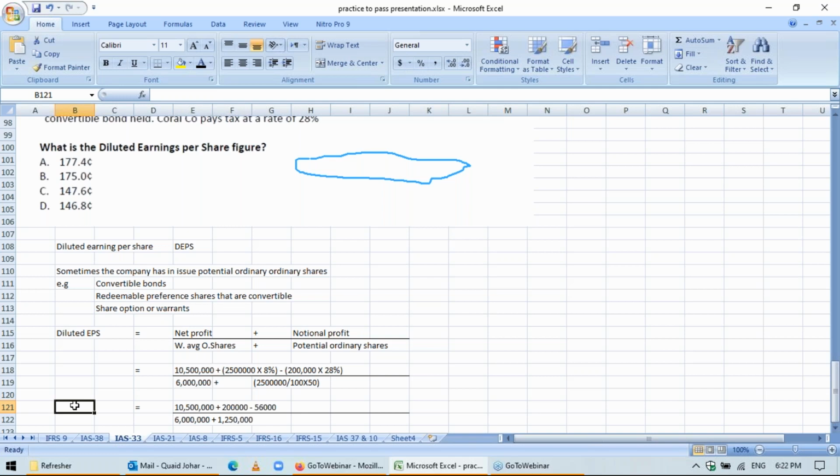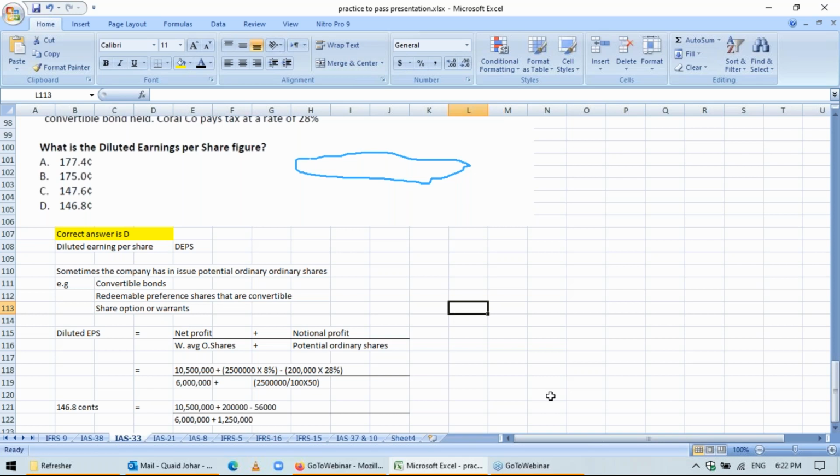So divide this, and you will get 146.8 cents. It's $1.46, so I have converted it into cents, 146.8 cents. So the correct answer is D, $1.46.